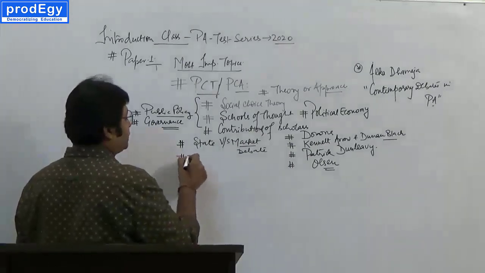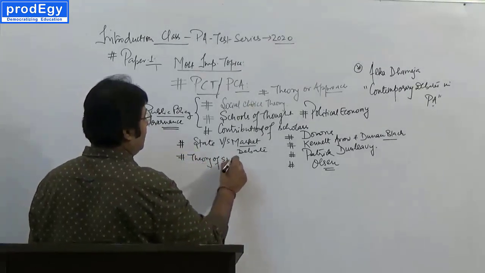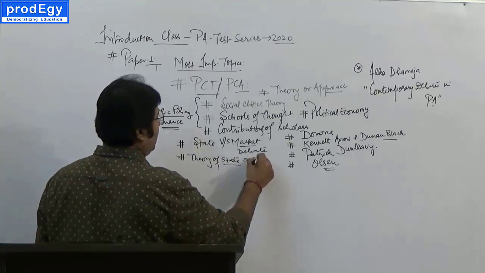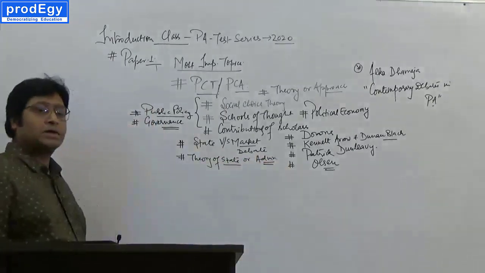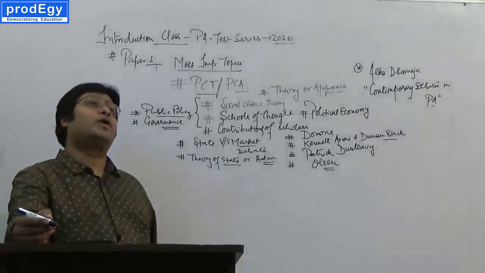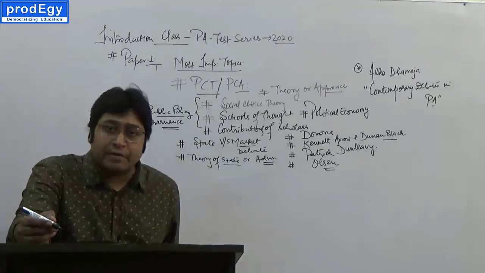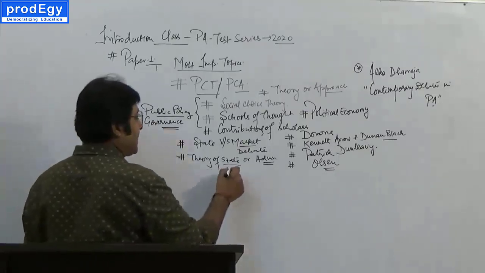Whether it is a theory of state or administration, that means, is it a criticism of the state itself, the political system, or it is the criticism of the bureaucracy only, right? So these things you have to understand, right?